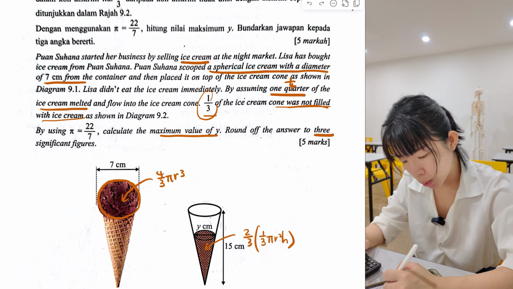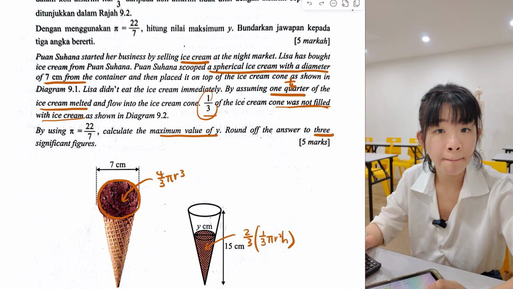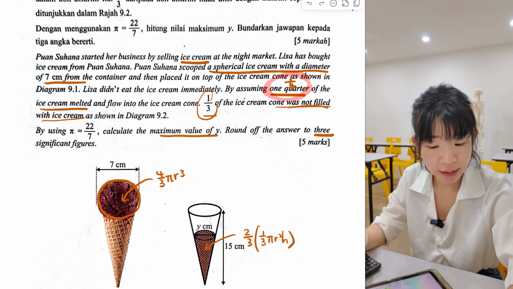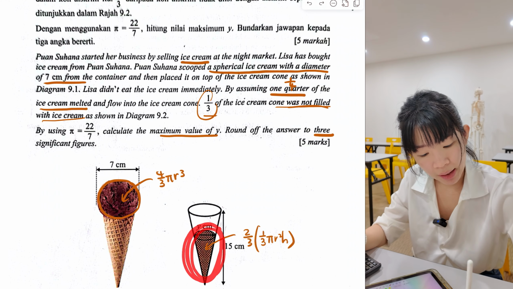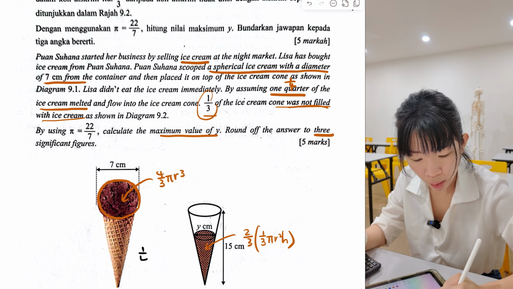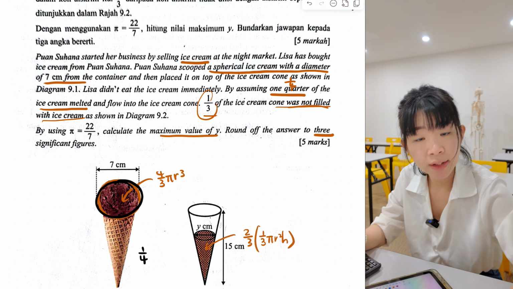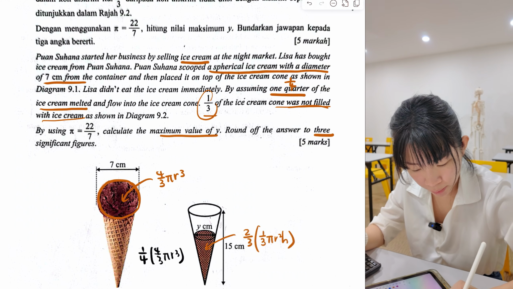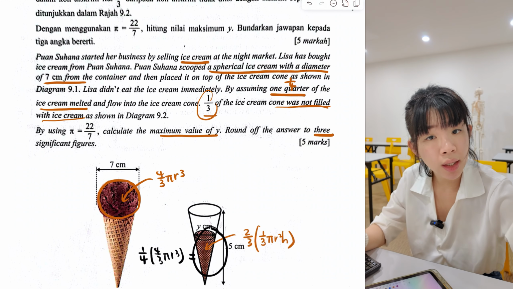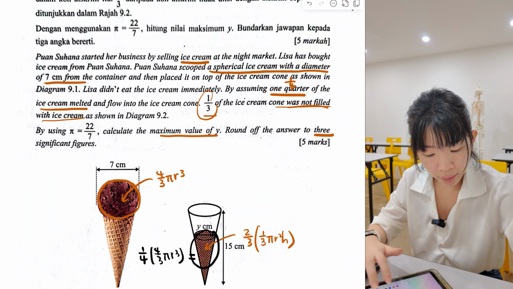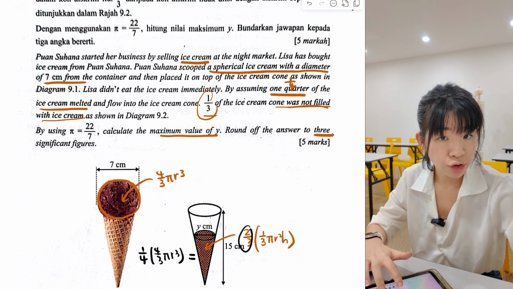This whole ice cream is not melted entirely, it's only 1/4, a quarter. So the volume in the ice cream cone is 1/4 of this sphere. So 1/4 of 4/3 pi r cube equals the liquid here. Do you agree? The liquid here is 2/3 of the ice cream cone.